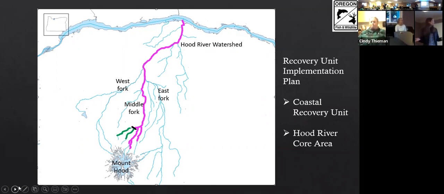And for those who don't know, Clear Branch Dam is an impoundment that forms Laurance Lake. And there's no fish passage facilities that exist at Clear Branch Dam. There is annual spill off the surface spillway, which allows for some downstream passage of fish, but there's no way for those fish to get back up.